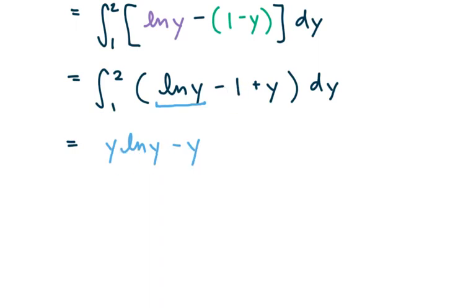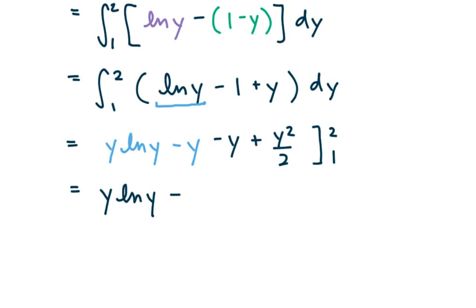Then we've got minus 1, that will be minus y, and plus that y, that is plus y squared over 2, and we'll need to evaluate from 1 to 2. So obviously those two y's in the middle, I can simplify that and get negative 2y plus 1/2 y squared.